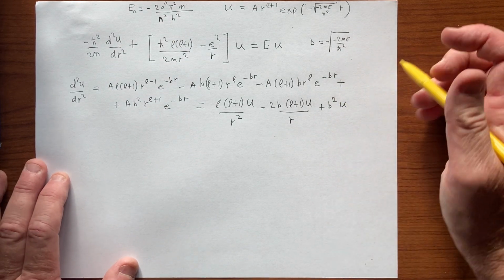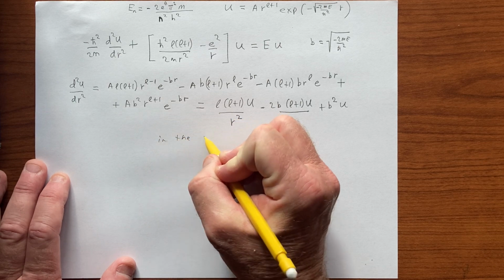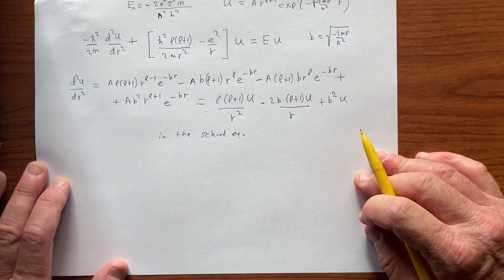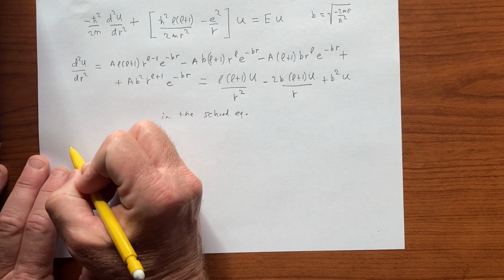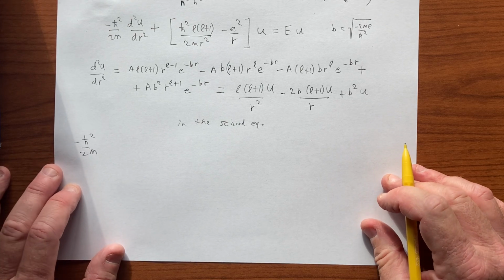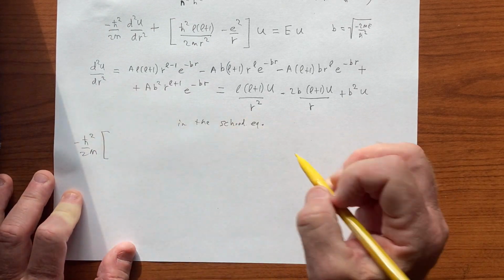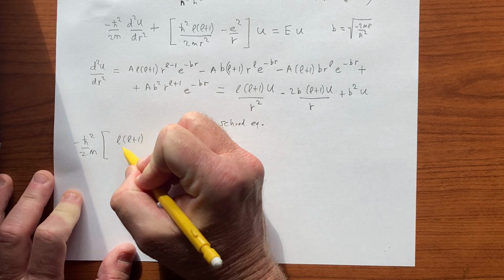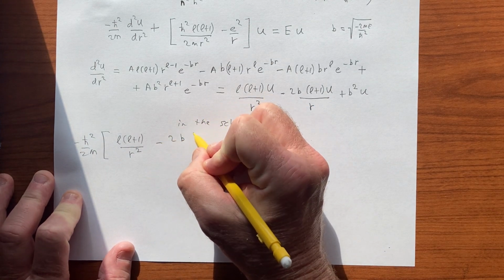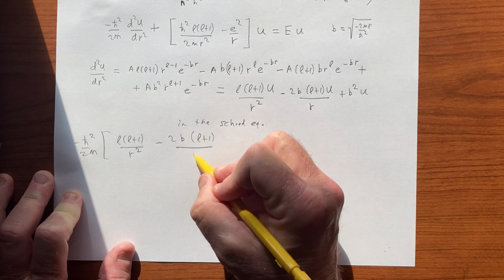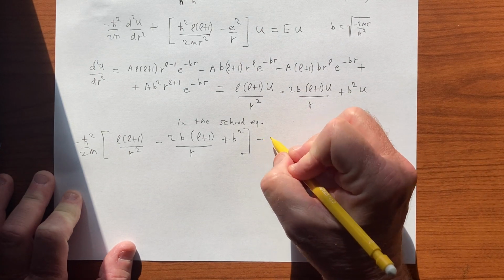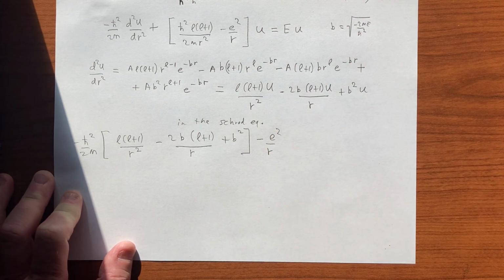And so let's put this into the Schrödinger equation. In the Schrödinger equation, we get minus h bar squared over 2m times L times L plus 1 over r squared, minus 2b times L plus 1 over r, plus b squared, minus e squared over r.